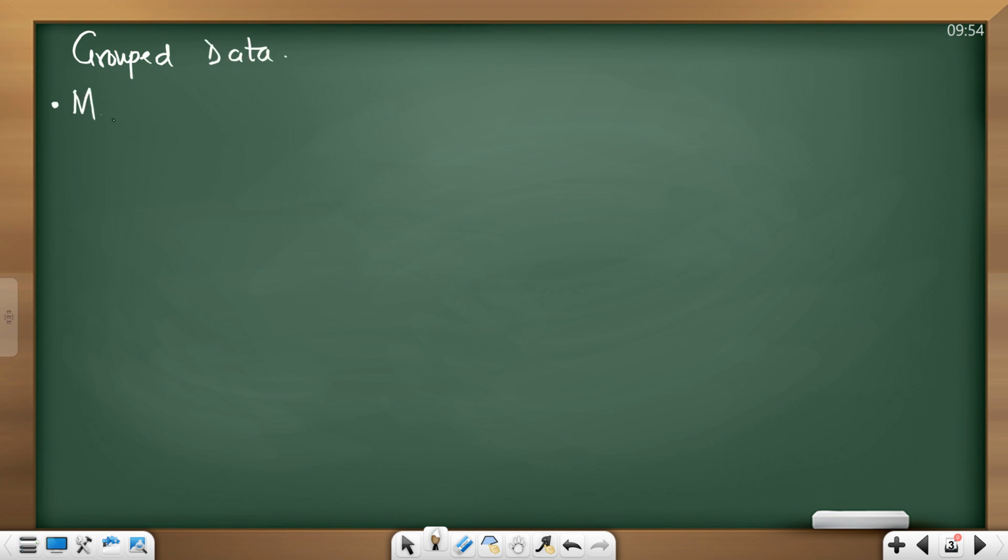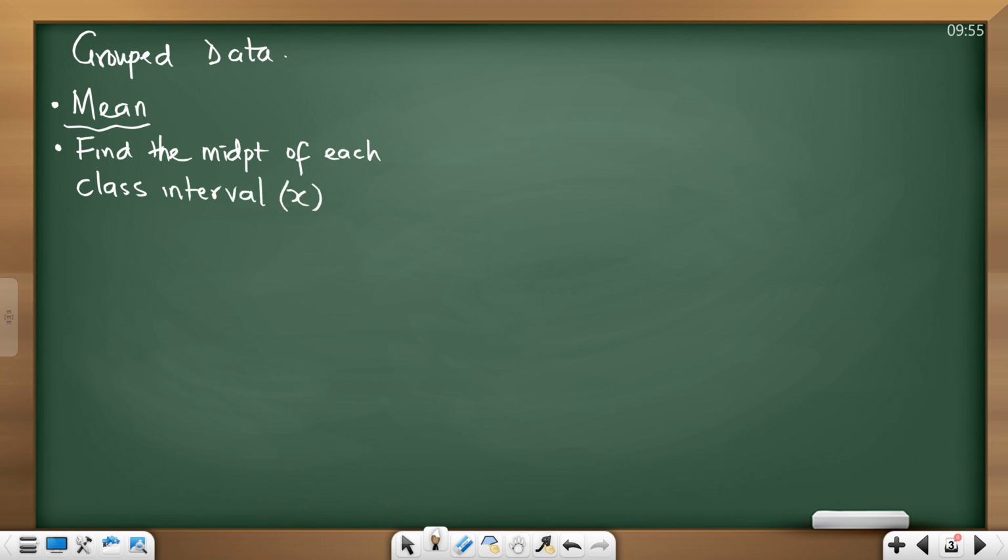Number one, be able to calculate the mean. This is what you do. Find the midpoint of each class interval. Of each class what? Interval. That midpoint we are going to call x.